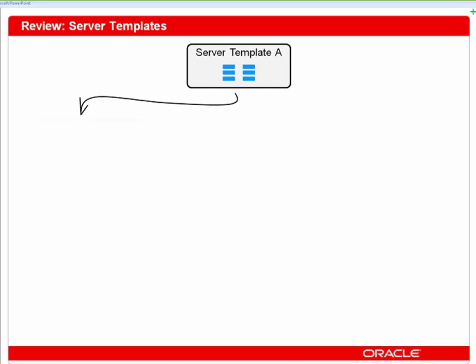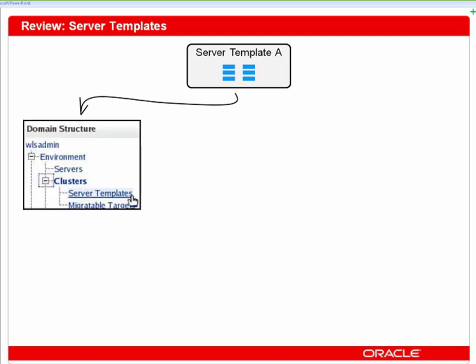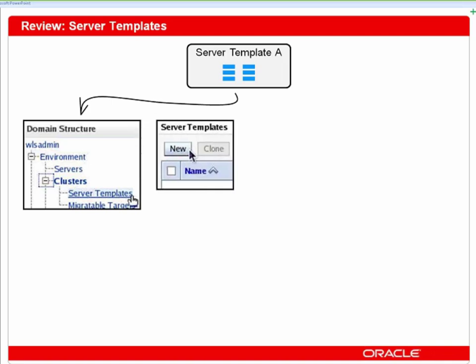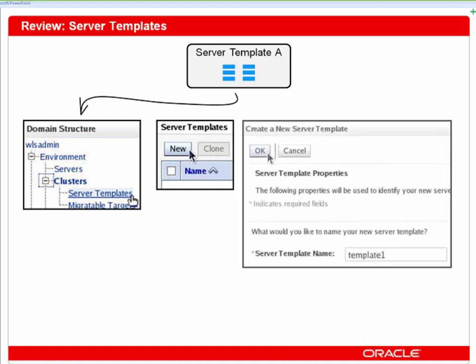You configure a server template with the administration console by going to the domain structure, environment clusters, server templates node. Click New to create a server template. Name it and click OK.